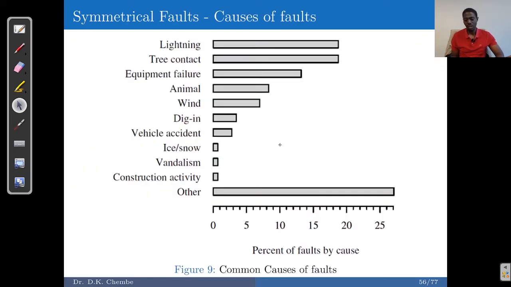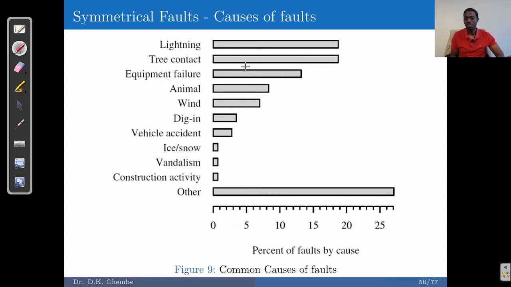Looking at a graphical representation of the causes of faults, mainly what causes faults here, as you can see, is lightning. This is very common, especially in areas where the ground is highly conductive. You've got tree contact.